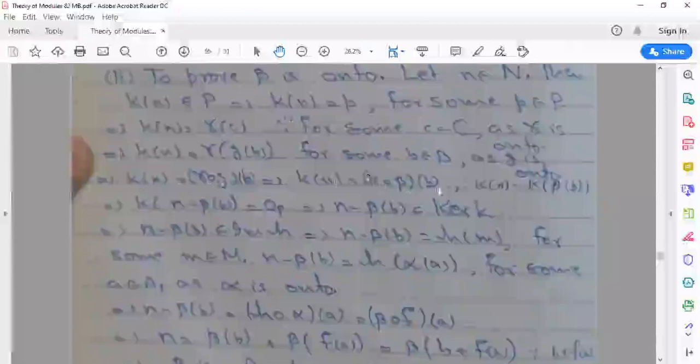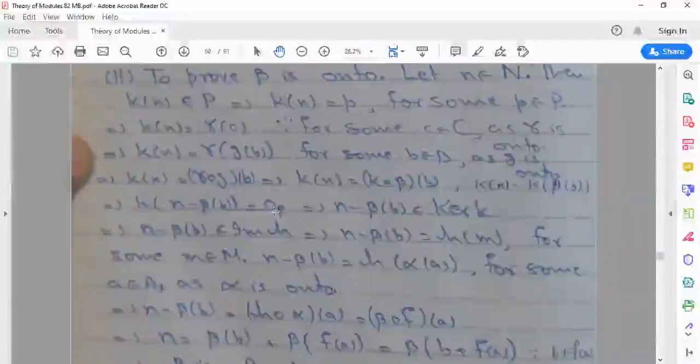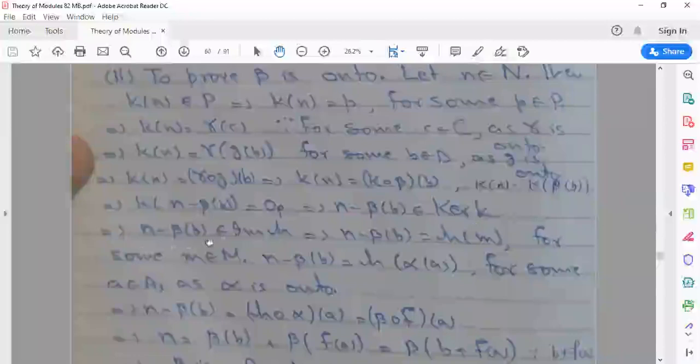So after this we write k of n minus k of beta of b. We open the composition of function, and it is equal to k of n minus beta of b, which is equal to 0 in P. After this, when this element is assigned to function k, the result will be 0. So this element should belong to kernel of k, and kernel of k is equal to image of f. So n minus beta of b also belongs to image of f.